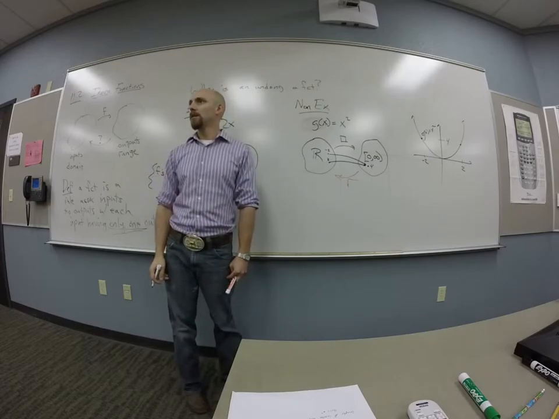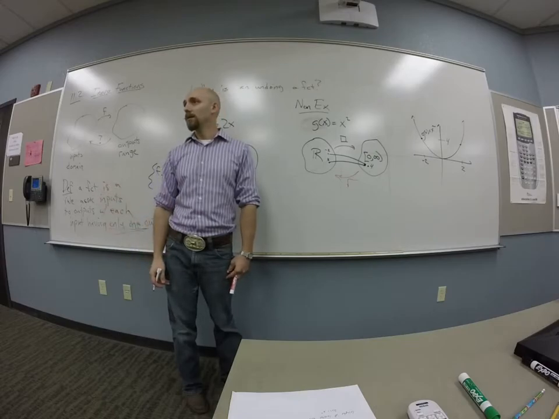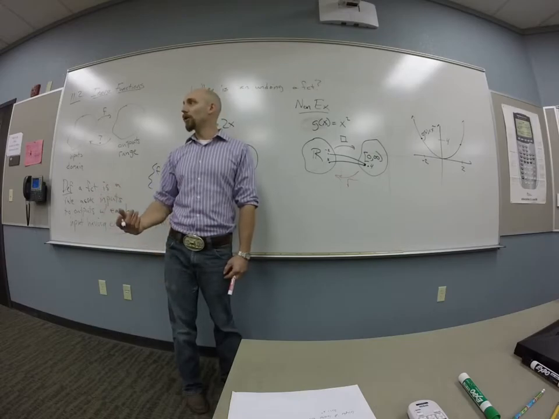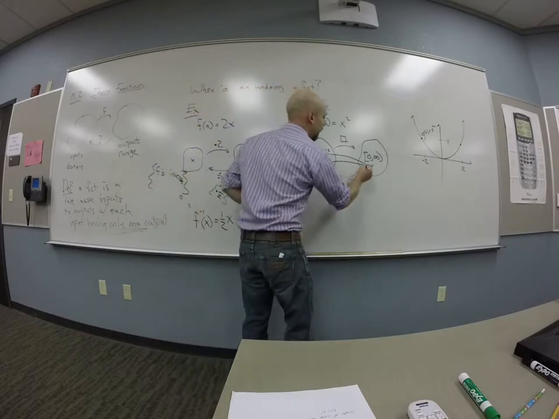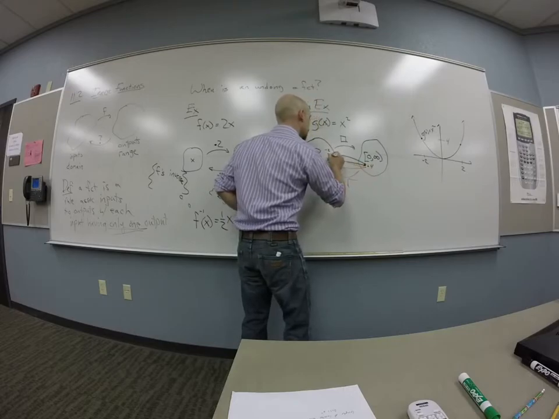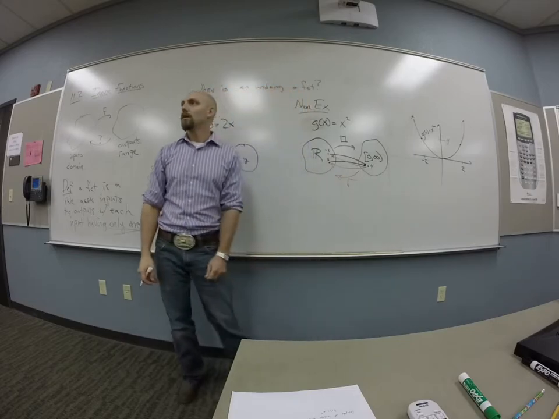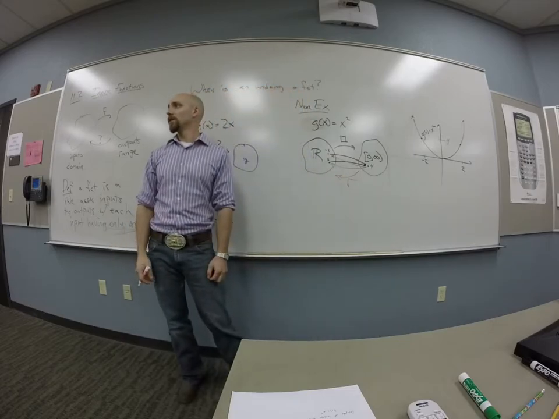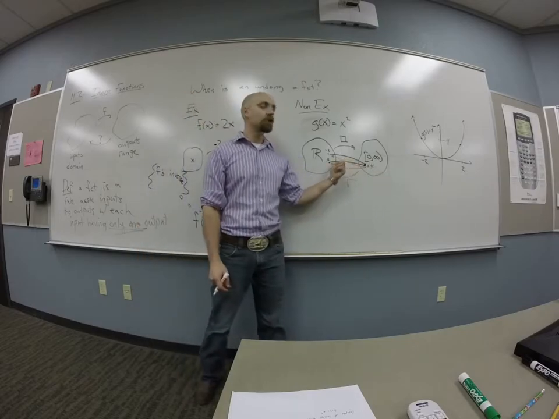Now if I'm going to reverse the arrows, my undoing should take 4 to both of these guys. It's not a function. You guys see that? It takes one input, 4, and takes it 2 places.